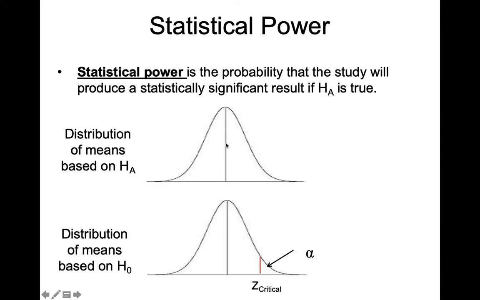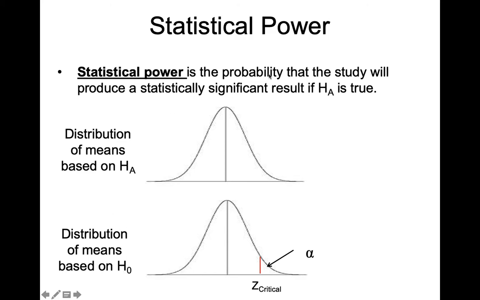So for example, if our LSAT test prep class didn't work, you could think about a population of people that don't take our class and the population of people that do take our class, and if the null hypothesis is true, the populations are equal, which means that the distributions of means that result from a sampling process based on those populations are equal, right? So basically, on average, you see no difference between the people that take the class versus the people that don't, if the null hypothesis is true.